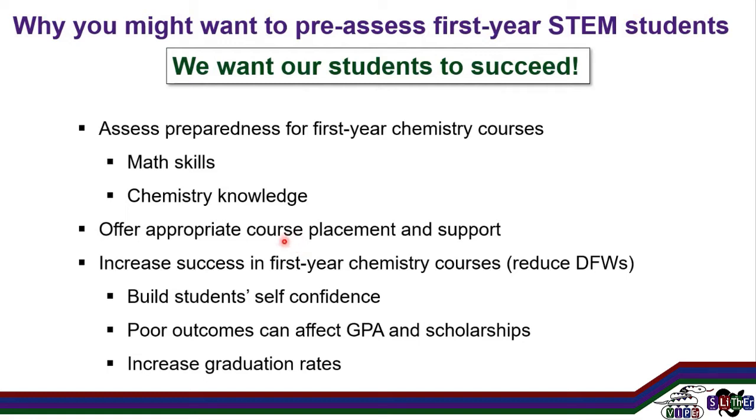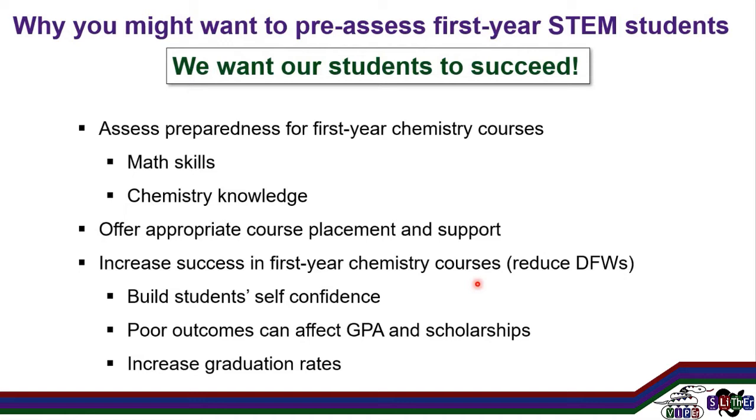The overall goal would also be to increase success in these first-year chemistry courses and reduce the DFW rates. We like to think of Gen Chem as the first barrier that a lot of STEM students bump up against. It's a barrier class, but it's also when students are early in their college careers, so they may not have a lot of experience.